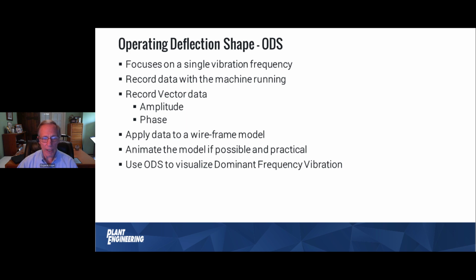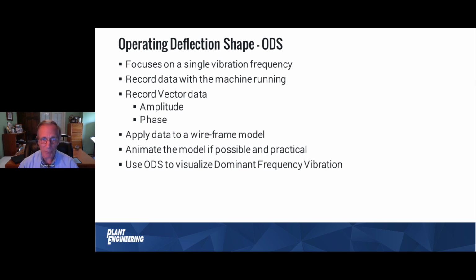So record vector data. We'll take that vector data and we'll apply it to a wireframe model that's been drawn. And not in all cases, but if possible, we'll try to animate that model to actually show the motion. It's not always necessary to animate it in simple cases, and we'll show you both. It's important to recognize that what you're seeing is a dominant vibration frequency on a machine.